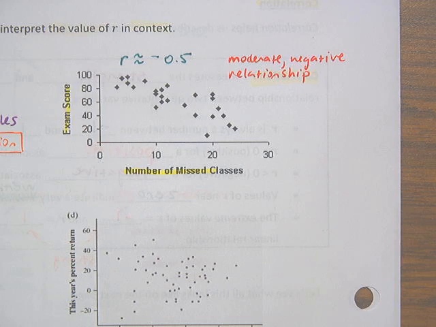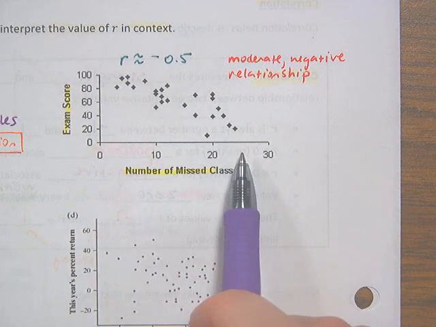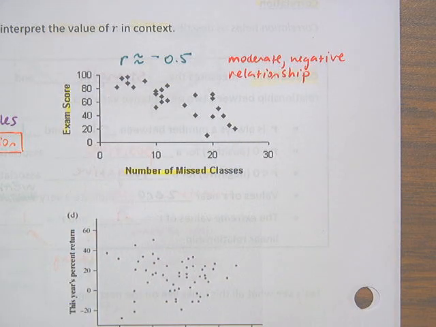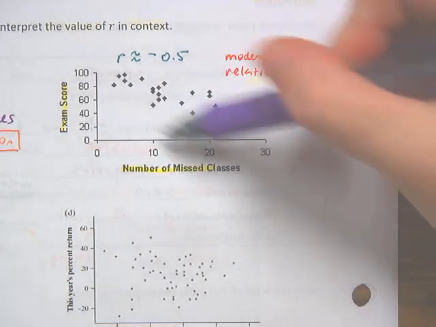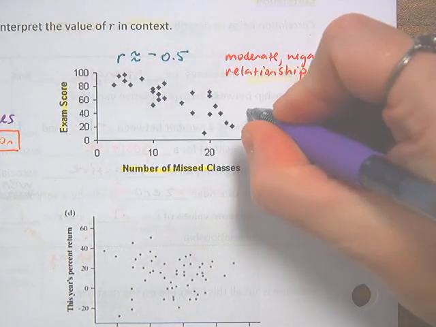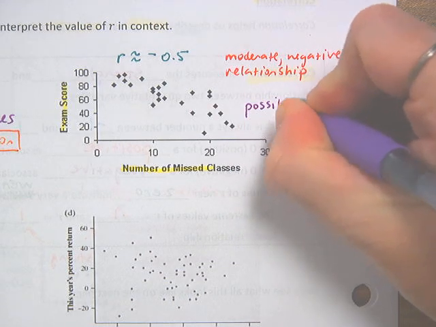Do you think that missing classes is going to cause you to have a lower exam score? Not necessarily for some people, right? But I still think it's possible that that one is causing the other. So let's put possible again.